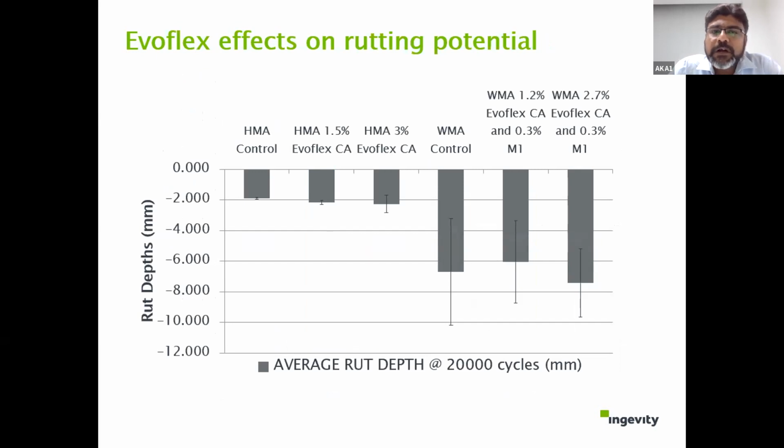Again, a few more with different dosages on rutting. Here you can see the first few are with only the rejuvenator, then only a warm mix, and the next two are a combination of warm mix and rejuvenator. This is very interesting as of now.